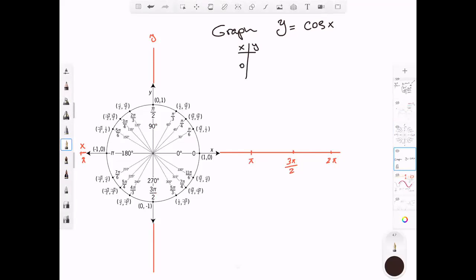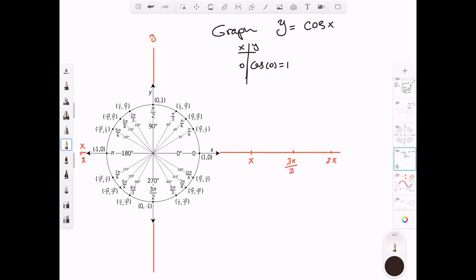If x is 0, what is the cosine of 0? Karen, what is cosine of 0? I'm not sure, but I can look it up. Cosine of 0 is 1. Good. If you look at the unit circle, cosine of 0 will be 1.